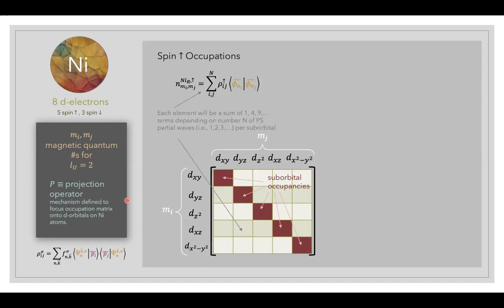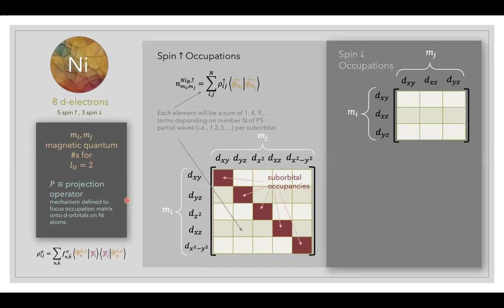Now, the cool thing about PAW, however, is that because of the number of partial waves that we've used to define our pseudo wave functions, each of these matrix elements is going to be a sum of 1 to 4 terms, depending on the number we've defined for those pseudo partial waves. Typically, as I said before, we define it using only 1 or 2. So 9 is a bit much for that sum, but 1 to 4 is probably more appropriate. So that simplifies things for us.